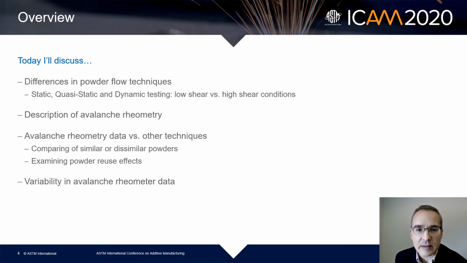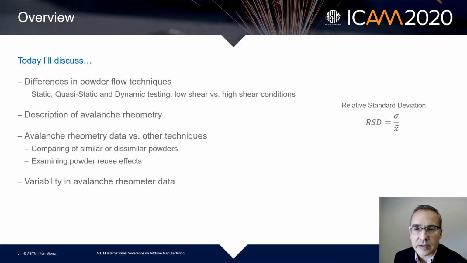One, comparing similar or dissimilar powders, just side-by-side comparisons, and then also examining the impacts of powder reuse and how rheology can be characterized for those systems. And then at the end, I'll touch on some of the information that's out there in terms of variability in the rheometer data from avalanche rheometers.